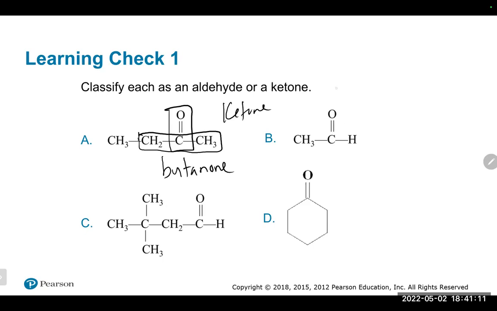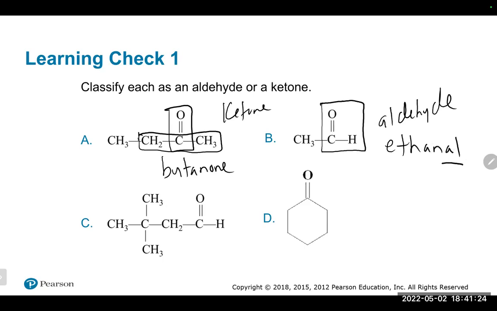The one over here would be an aldehyde. That is the functional group right there. That is a 2-carbon aldehyde, which is known as ethanal, with the -al at the end of it. This guy C would be an aldehyde as well.